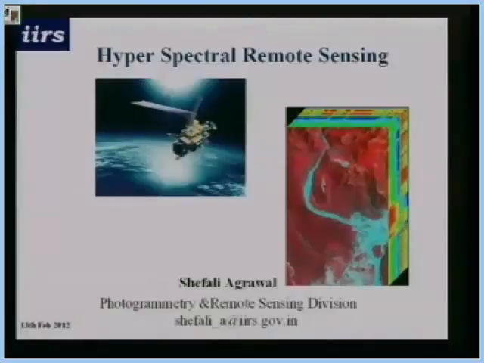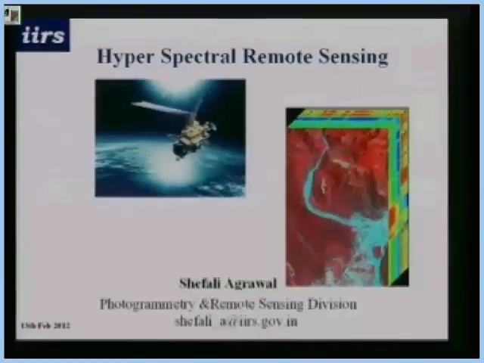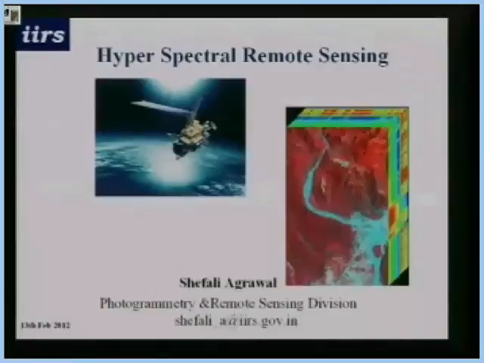The concept of hyperspectral remote sensing came around the mid-80s, and at this point it was widely used by geologists for mapping of minerals.